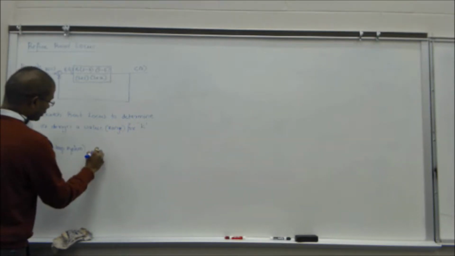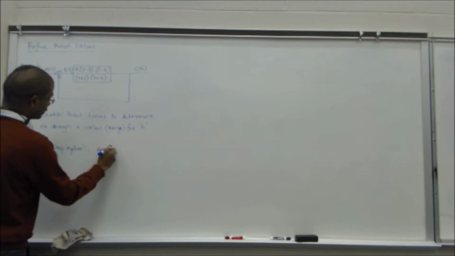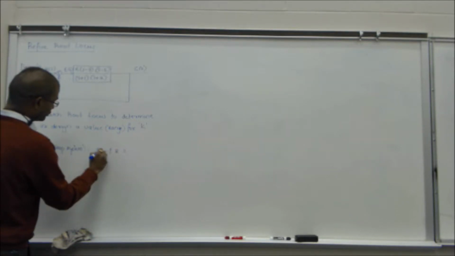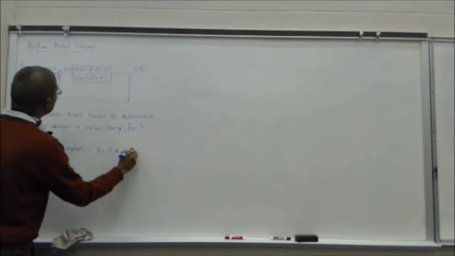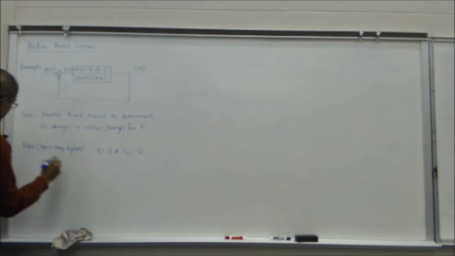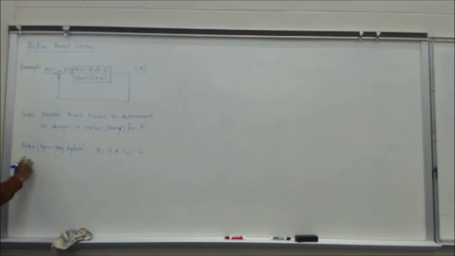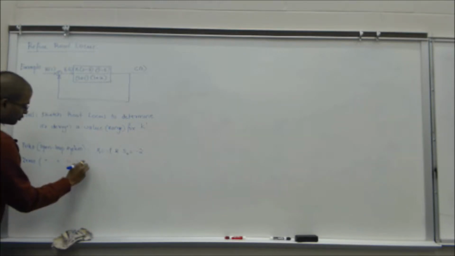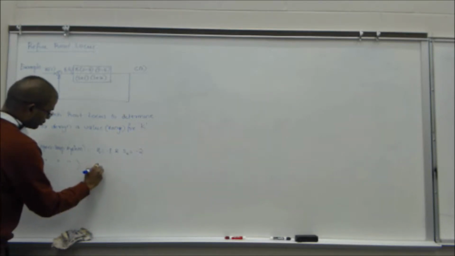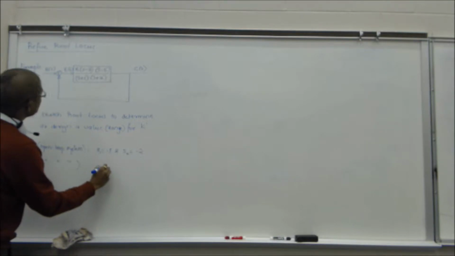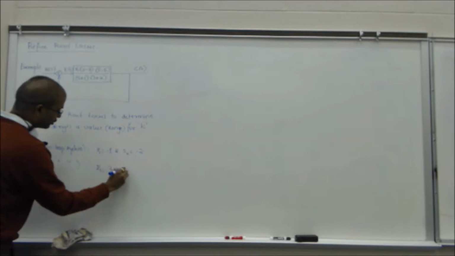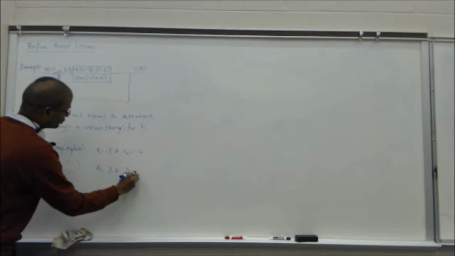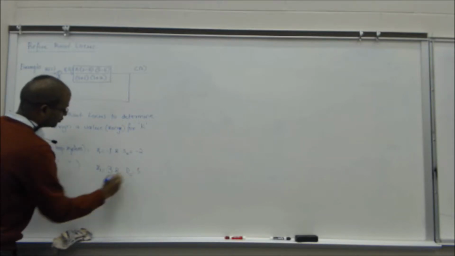Poles are s equal to -1 and s equal to -2. Similarly, zeros of the open loop system, Z1 is 3 and Z2 is 5.